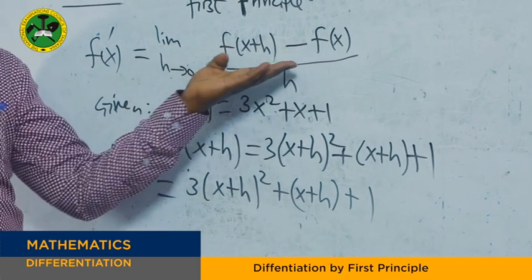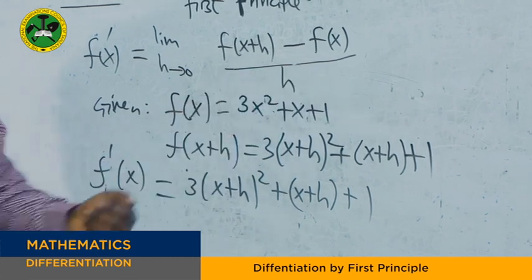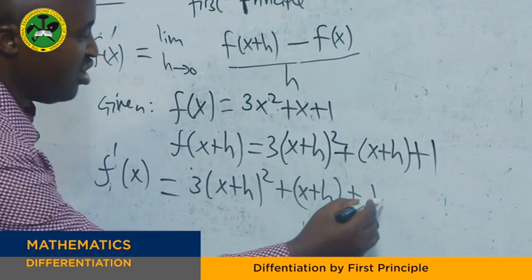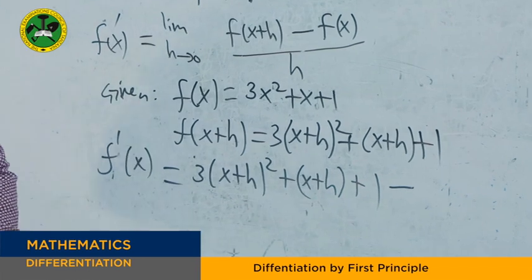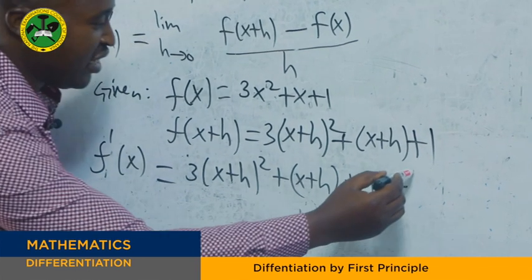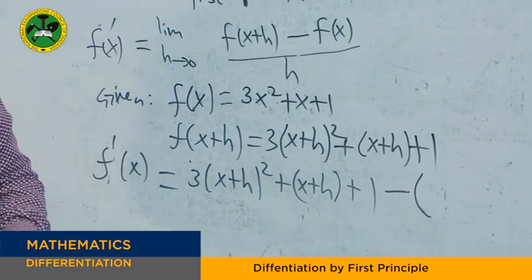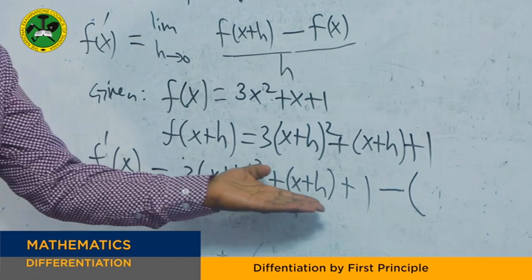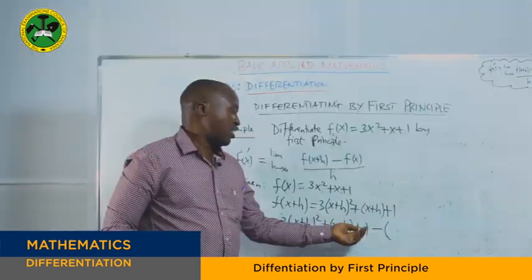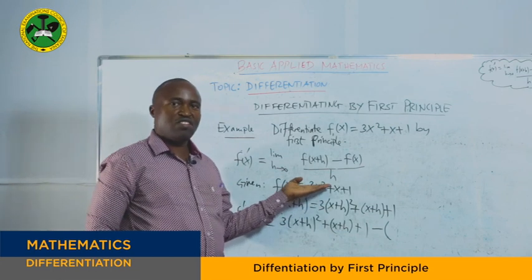Now, this one minus f of x. Now, f of x is our function, so here you minus, but remember, my dear student, you put a bracket. Why a bracket? The bracket will help you to remember that you are supposed to open up the bracket so that the negative can apply to all given values.